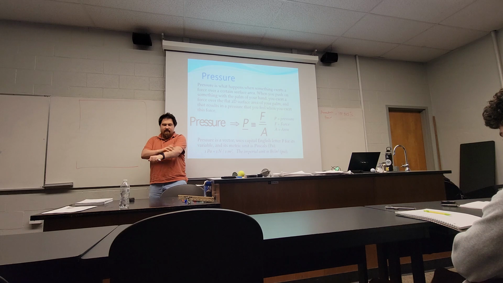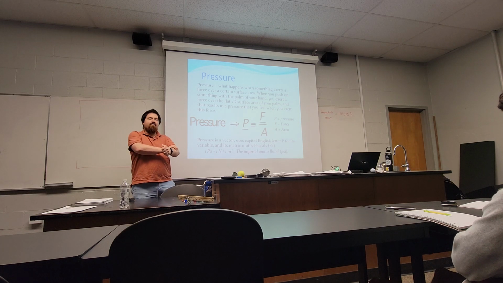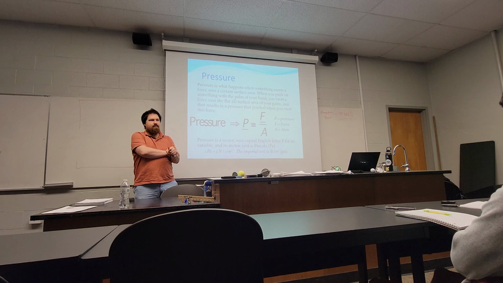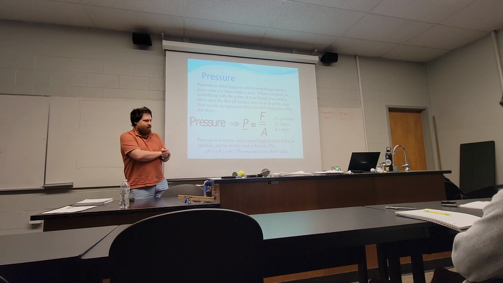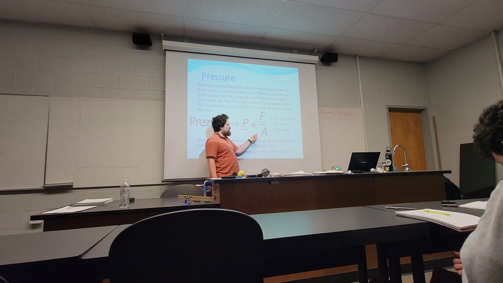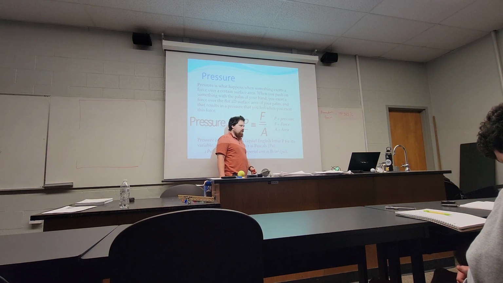And that means that there is a surface area that that force is exerted over. Therefore, what your nerve endings are really feeling is pressure. I'll elaborate on that a little bit more in a second. But for right now, this is our formula for pressure. Pressure is force over area.